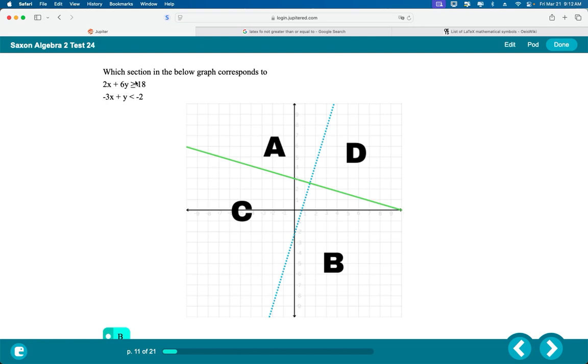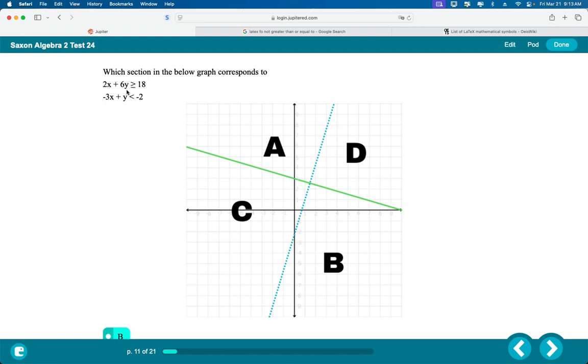So y is going to be greater than or equal to. Y is going to be less than. You have to think about that in terms of we're only considering the y-axis in regards to this inequality symbol.